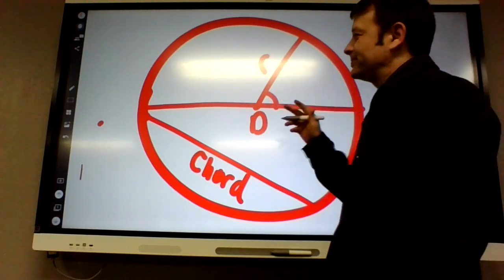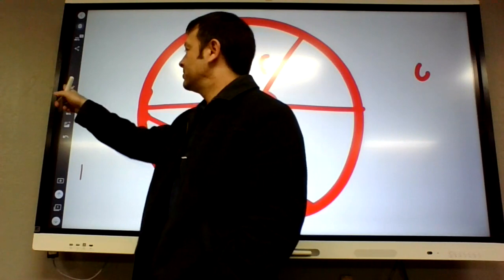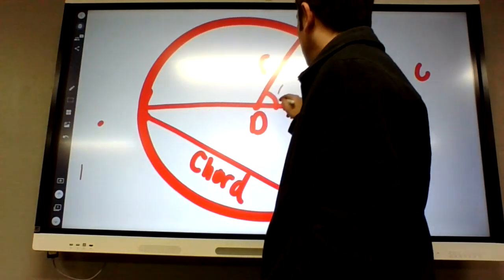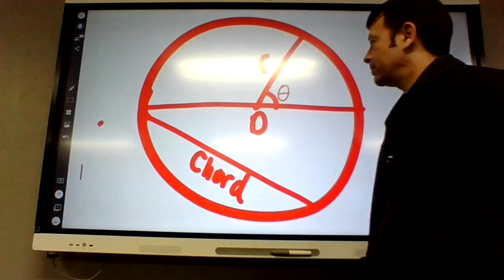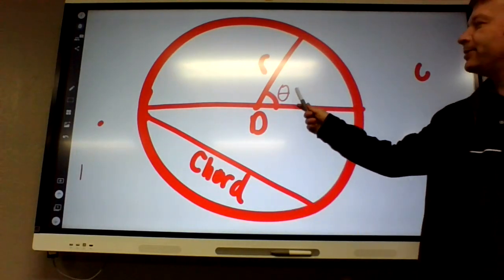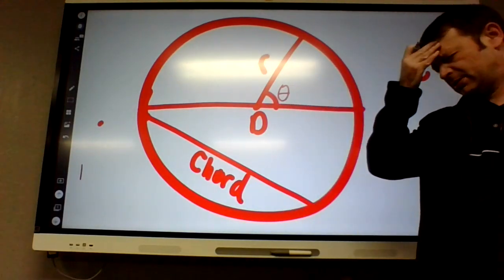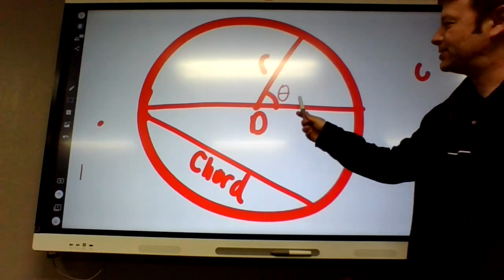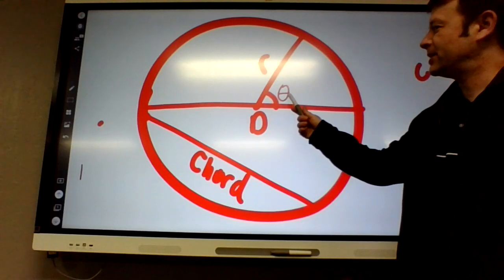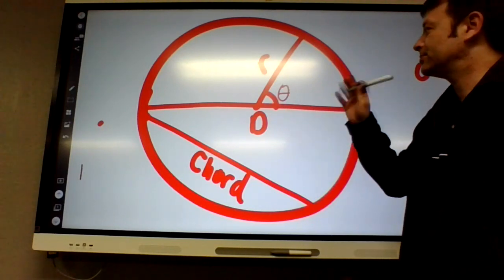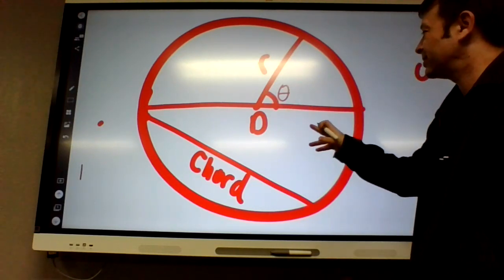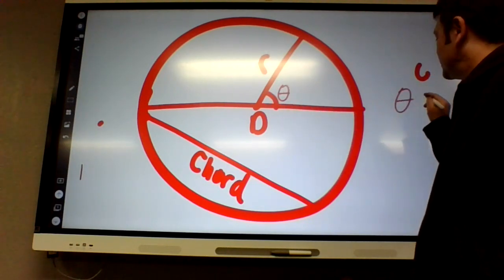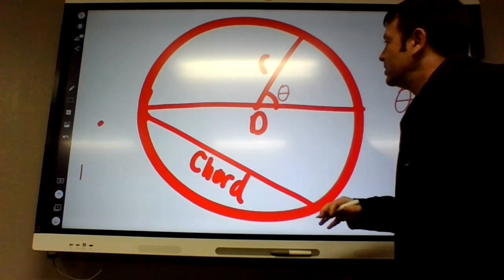I'm gonna have to just go down. Okay, that is a Greek letter called theta. Looks like an O with a line in the middle. For some reason, whoever decided that's a good letter for central angles, I don't know. Just go with it, okay? So theta is a letter that's often used to represent a central angle.